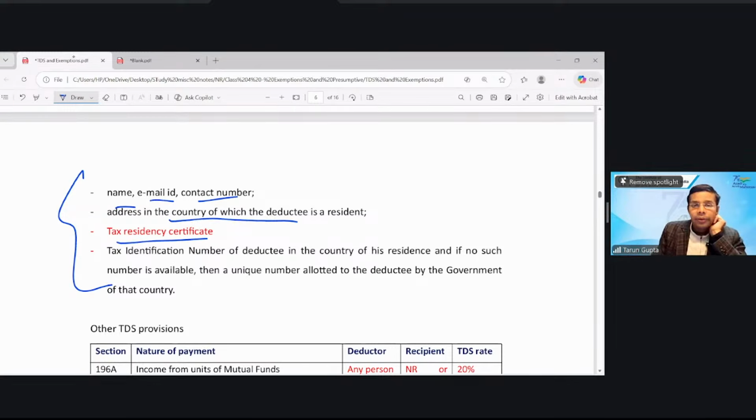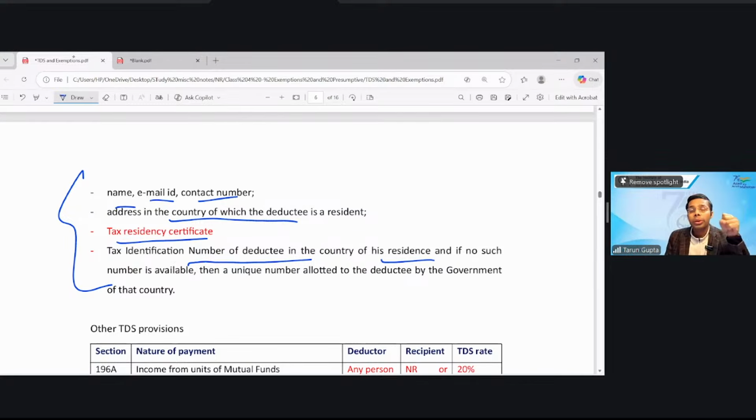His tax residency certificate, a certificate from the tax authority of the country where he is resident, certifying that he is a resident of this country. So I need a government certificate from your country. Tax identification number of the deductee in the country of his residence. You don't have my PAN, no worries. You must have some tax identification number in the country in which you are resident.